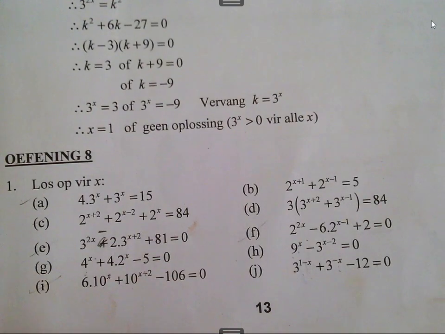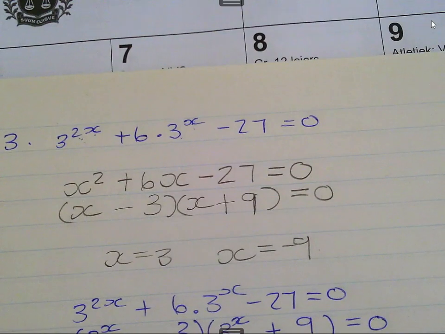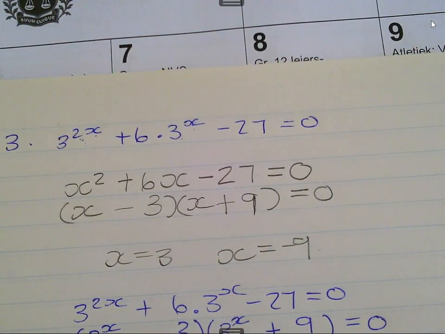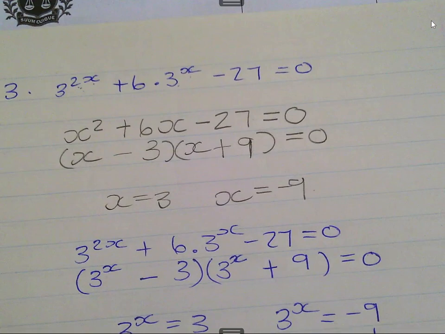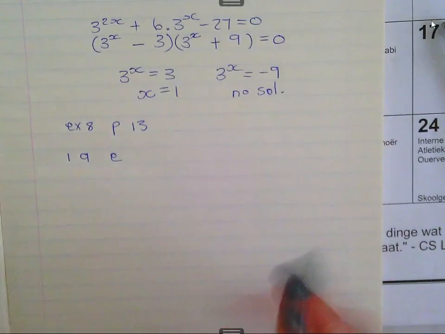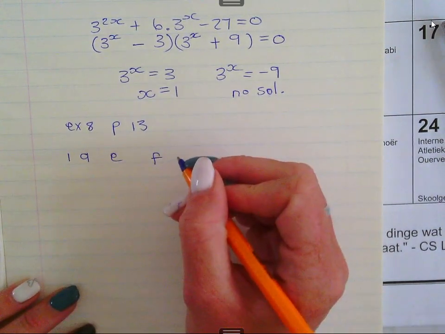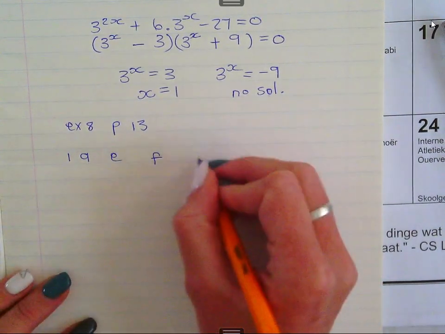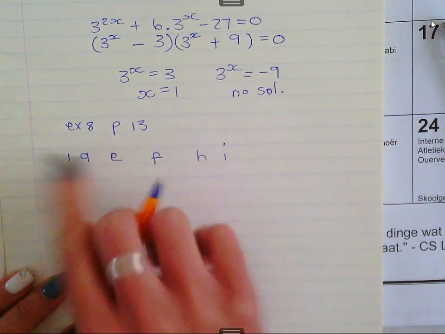Okay. So what you are going to do for homework for me is exercise 8, page 13. No, relax and be quiet. A, E, F, H and I. 1, 2, 3, 4, 5 sums.